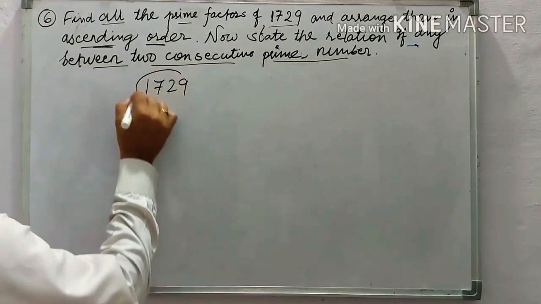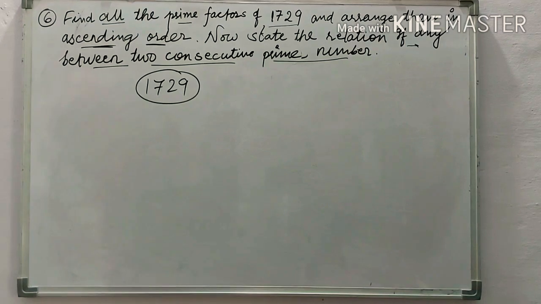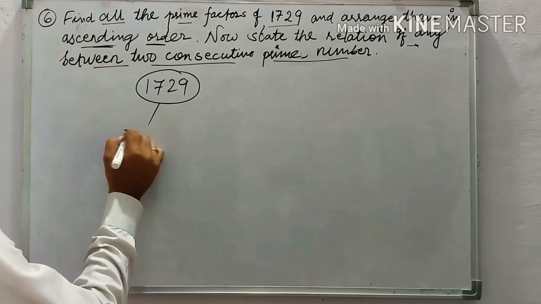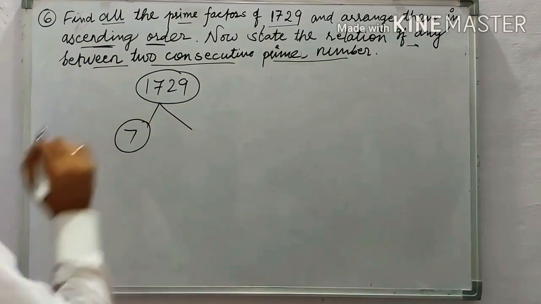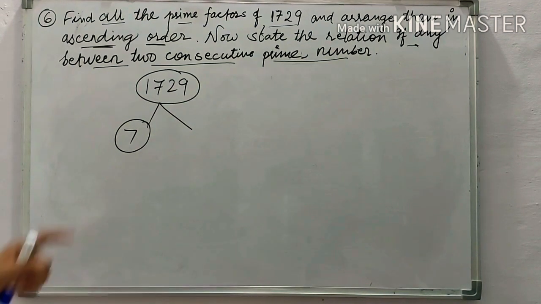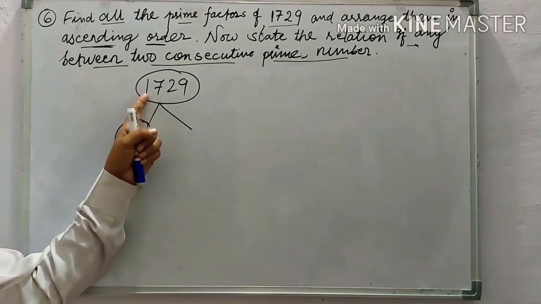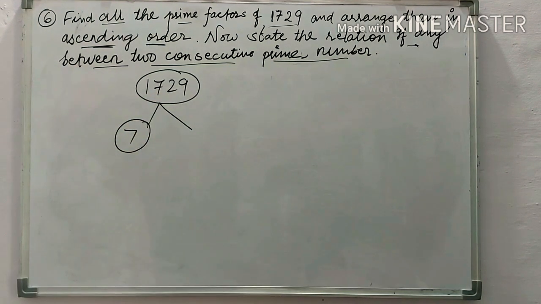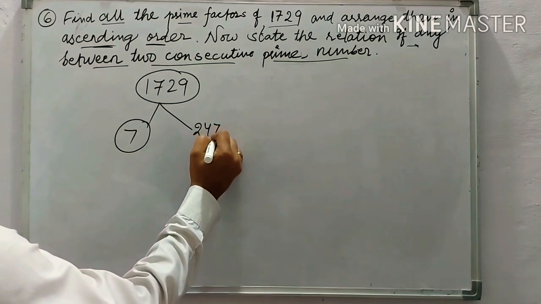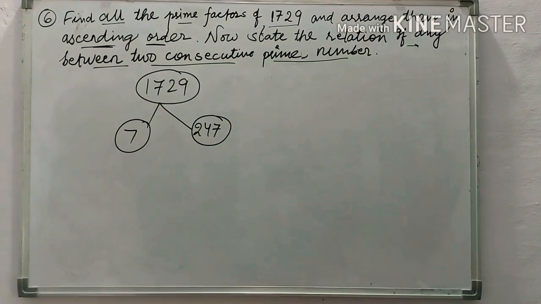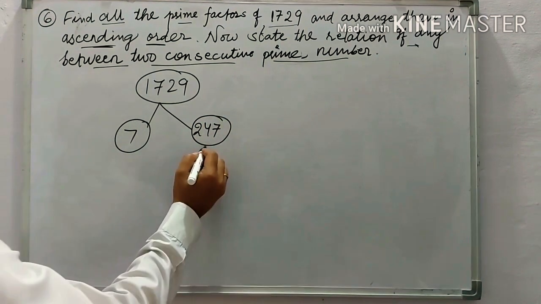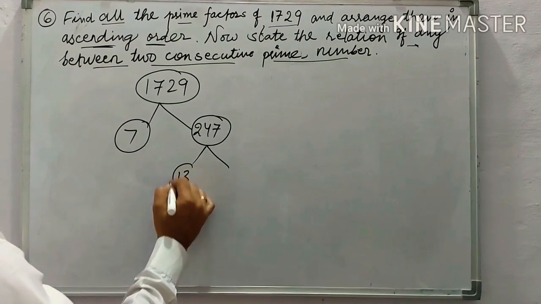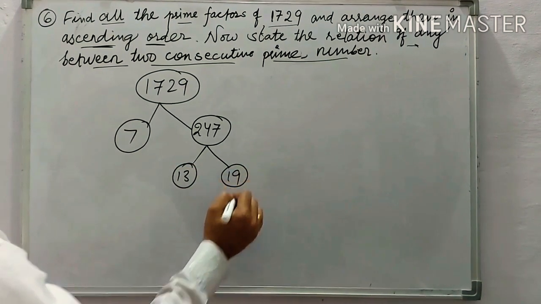Okay, the prime factors of 1729. The first number is 7, because the number is not divisible by 3: 1 7 2 9 sums to 19, and 19 is not divisible by 3. The next number will be 7. 7 divides it, giving 247. Okay, then 247 is divided by 13, giving 13 into 19.